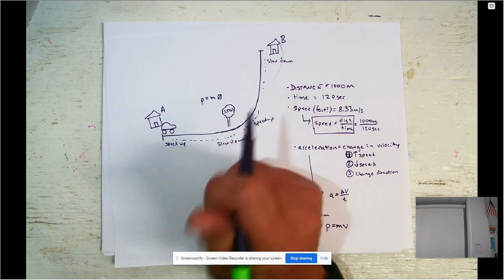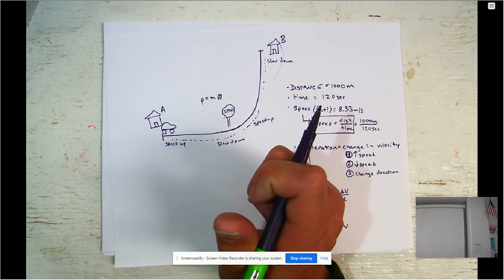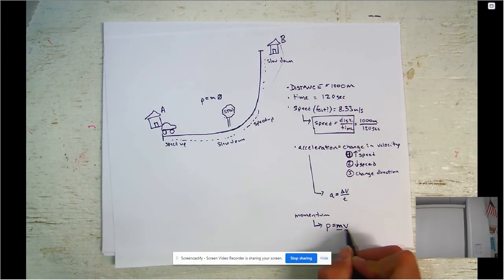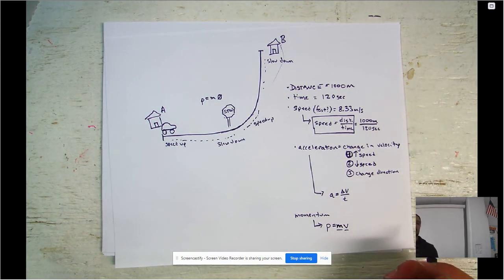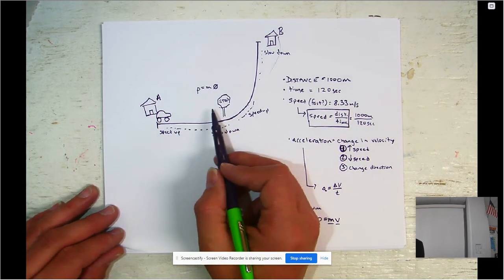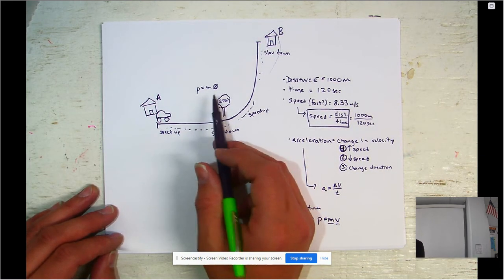If you're not moving, you'll have 0 momentum. So you have to take into account the mass and you have to take into account the velocity. 0 velocity means 0 momentum. So if it was asked, what is your momentum at a stop sign? Your momentum at a stop sign is going to be 0.